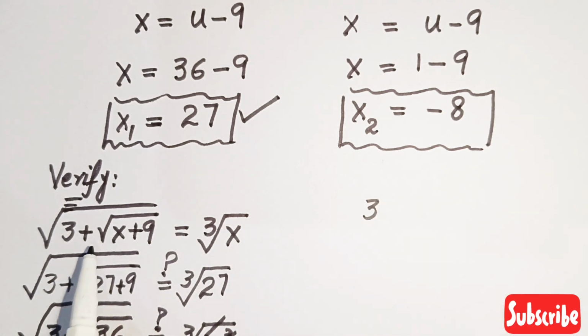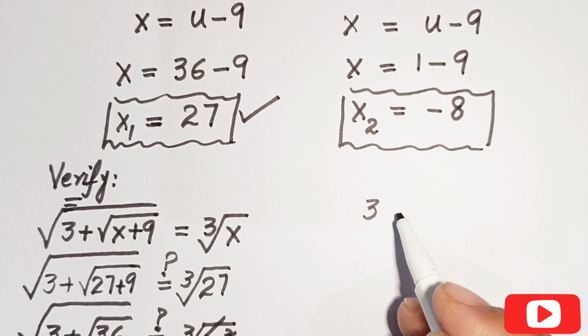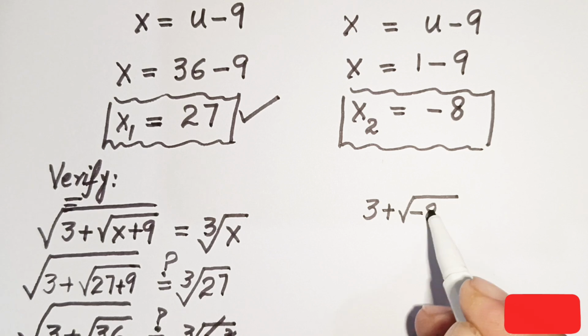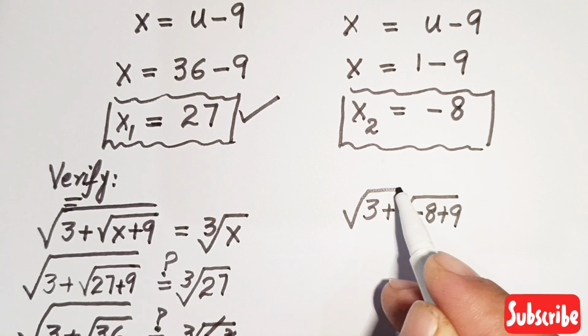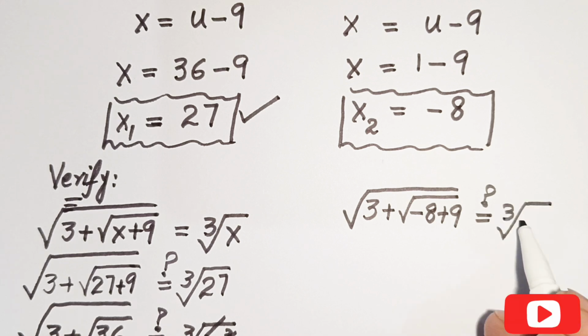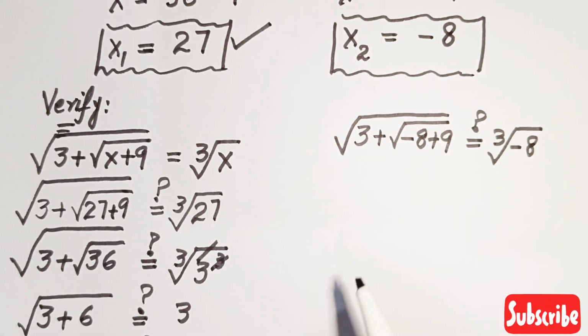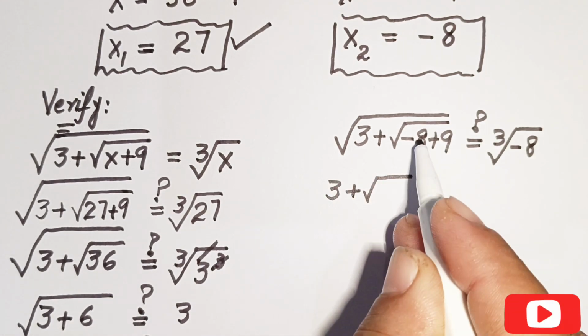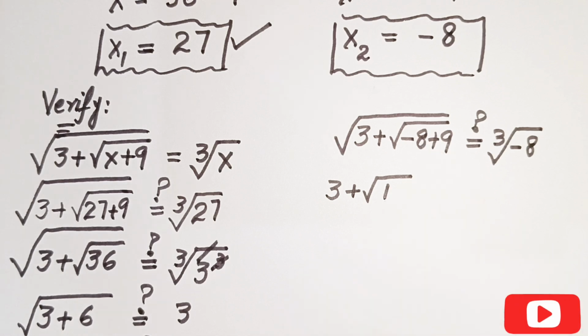Now verifying the other value, we just put it in our problem. Our problem is 3 plus square root of x plus 9, whole square root. Here x is minus 8, so 3 plus square root of minus 8 plus 9, whole square root. Is it equal to the cube root of minus 8? Minus 8 plus 9 is equal to 1.